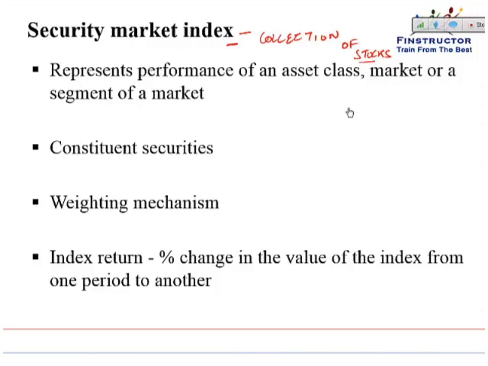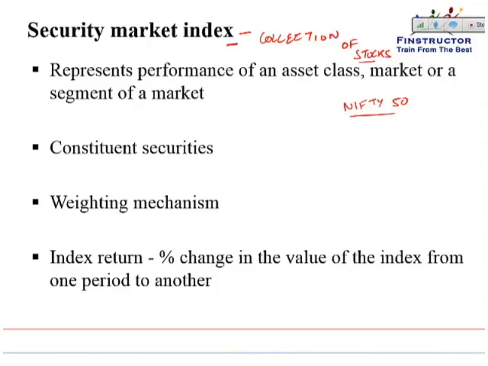So Nifty 50, for instance, is a combination of 50 stocks, the prices of whom are combined in some manner to bring out one value for the index. Similarly, the S&P 500 would be a combination of 500 stocks whose prices are combined or weighted in some manner to get to one value of the index.